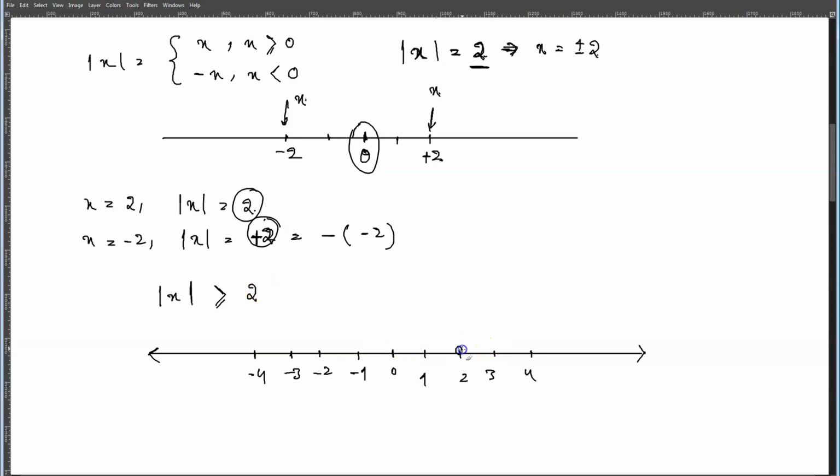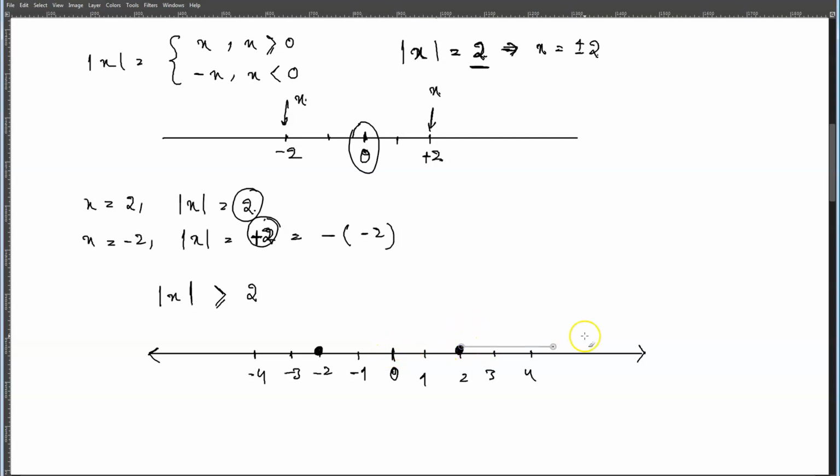So that means that 2 is going to be my solution. Negative 2 is also going to be my solution, because negative 2 is at a distance of 2 units from the 0 mark on the number line. 2 is also at a distance of 2 units from the 0 mark.